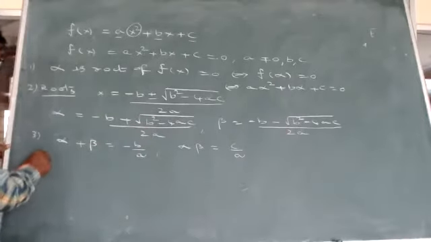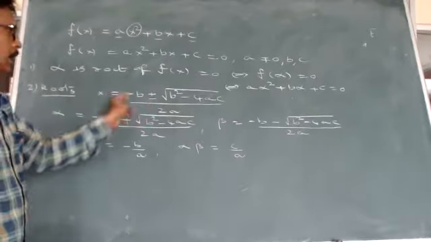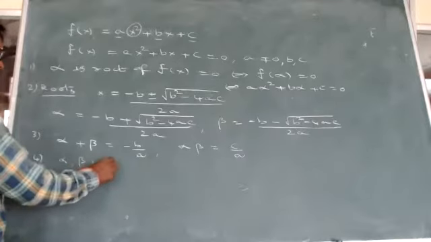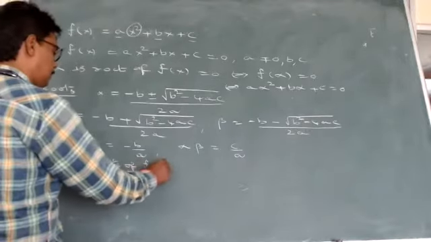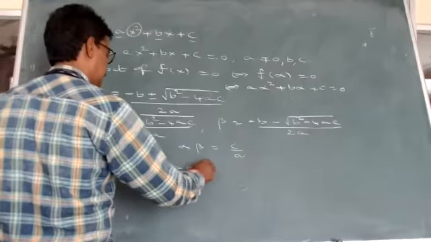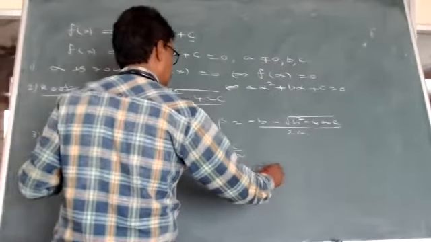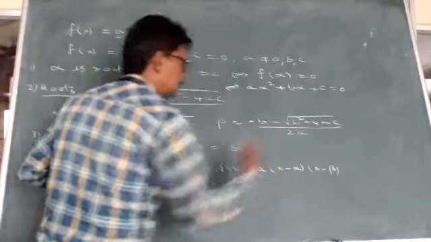Number 4, if alpha, beta are the roots, then f(x) is equal to a into (x minus alpha) into (x minus beta).